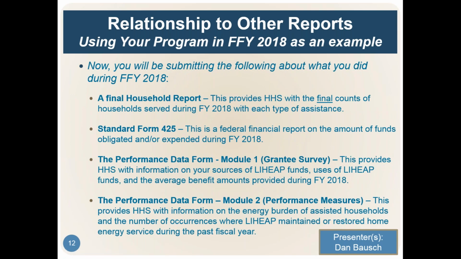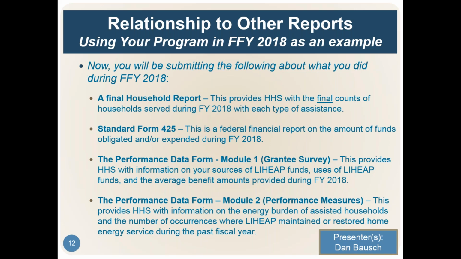Okay, now that fiscal year 2018 is over, you're asked to submit a few different reports. First, there's the final household report. That's where you give HHS information on the count of households you served during 2018 with each different type of assistance. Standard Form 425, which is a fiscal financial report.